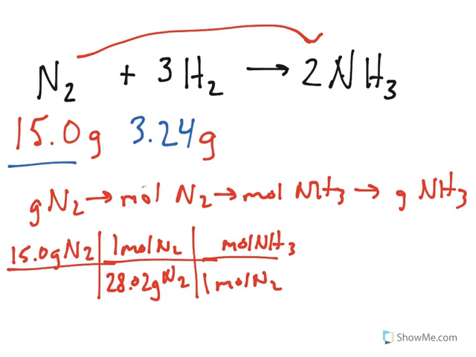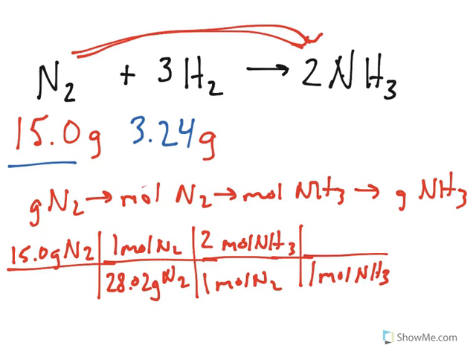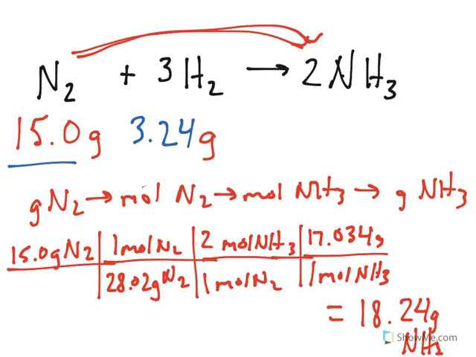For every 1 nitrogen, you are producing 2 NH3s, and 1 mole of NH3 has a molar mass of 17.034 grams. So we find that 15 grams of nitrogen would wind up producing 18.24 grams of NH3.